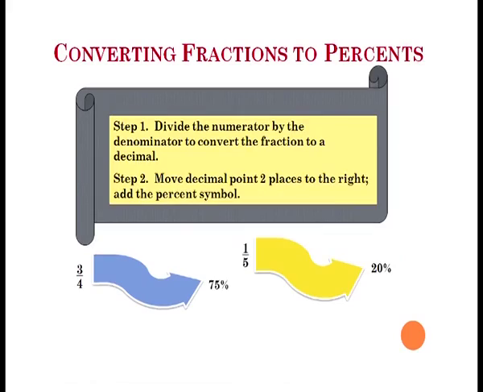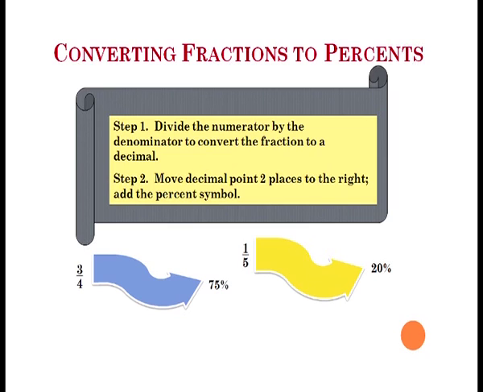Now we will discuss how to convert a fraction to a percent. To convert a fraction to a percent, we follow two steps. Step 1: divide the numerator by the denominator to convert the fraction to a decimal. Step 2: move the decimal point 2 places to the right and add the percent symbol.